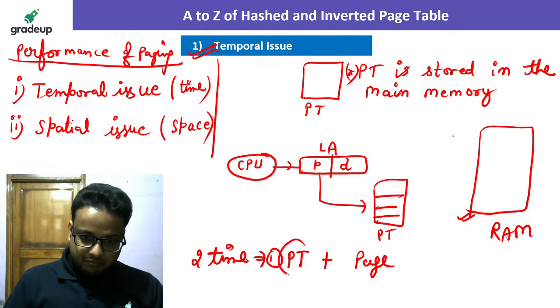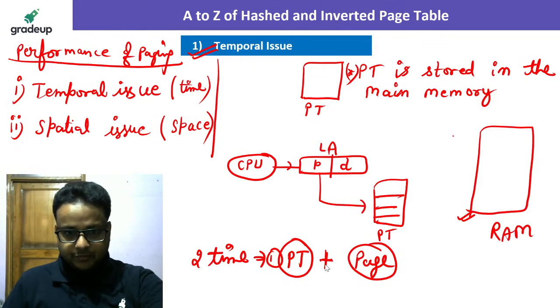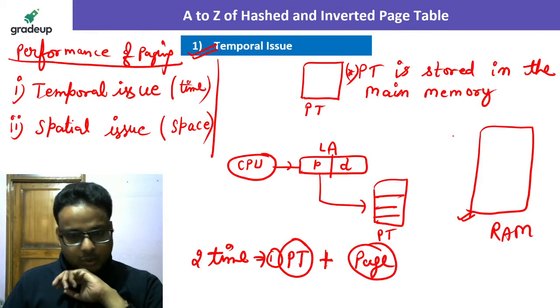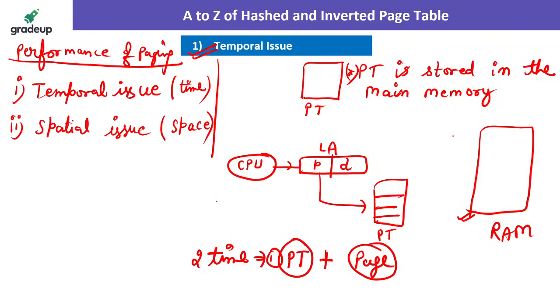So first you have to access the page table, and then second for the page, right? So you have to use two RAM accesses. Now suppose main memory access time is equal to M.